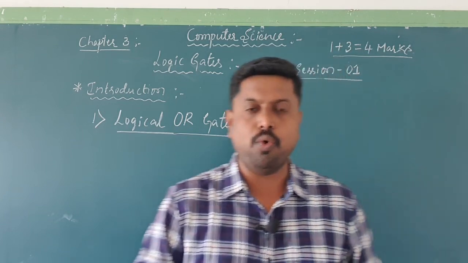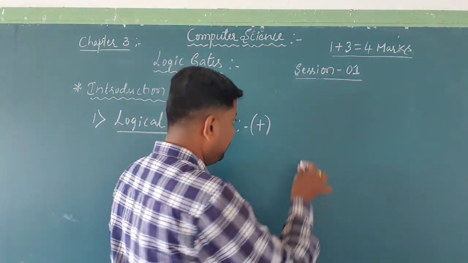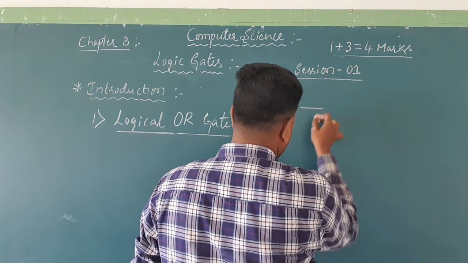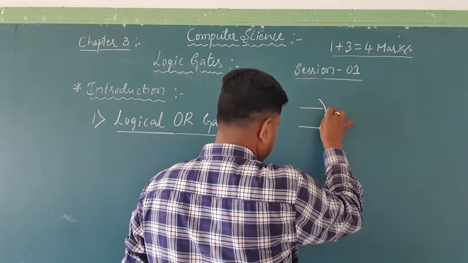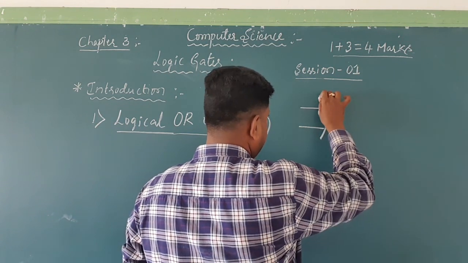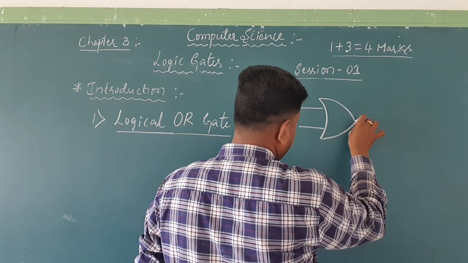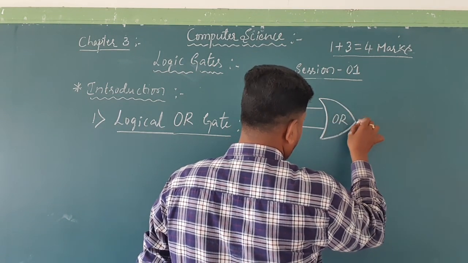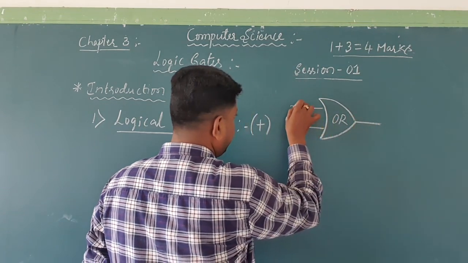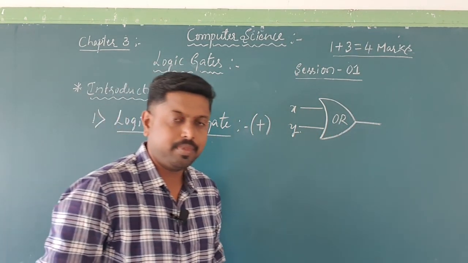So now I will show you the symbolic representation of the logical OR gate. Same, 2 inputs. Just clearly glance at the diagrams, where the curve is there and where the straight line is there. If you miss that one, you will lose the marks. Logical OR gate, X and Y are the 2 inputs, same inputs I am considering.